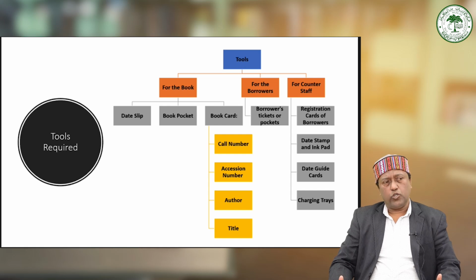Just suppose on average 100 books are issued in a day; 100 multiplied by 30 means roughly 3000 cards. So you need a charging tray which can hold about 3000 book cards. At least these bare minimum preparations are required for the Browne system to be executed properly.